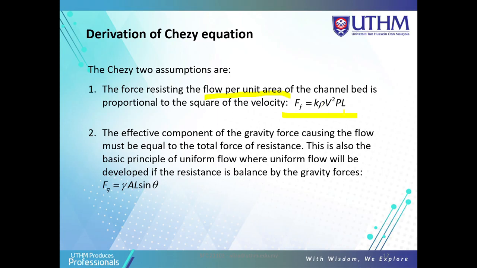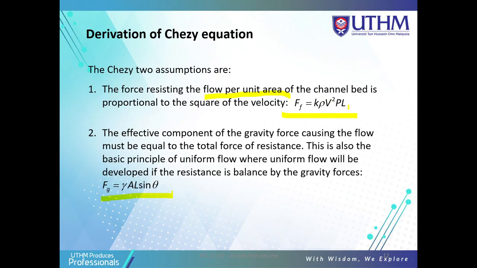This is just for the assumption, from which we get the formula V is equal to C times the square root of R times S naught. That's the real equation that you must use in this calculation. The rest is just theory.